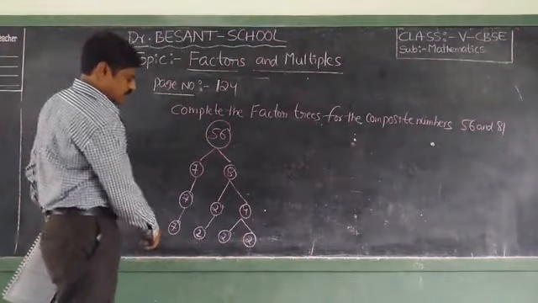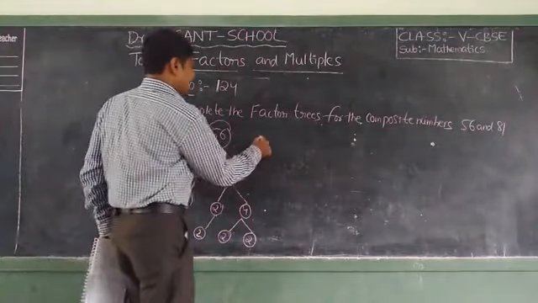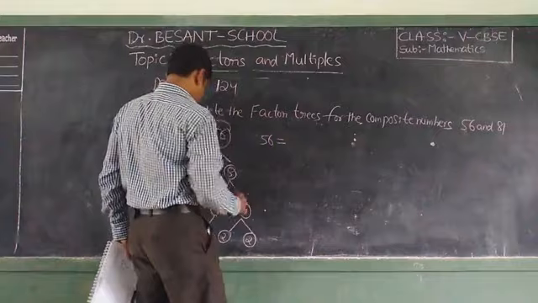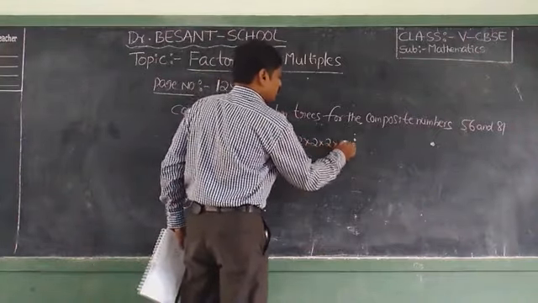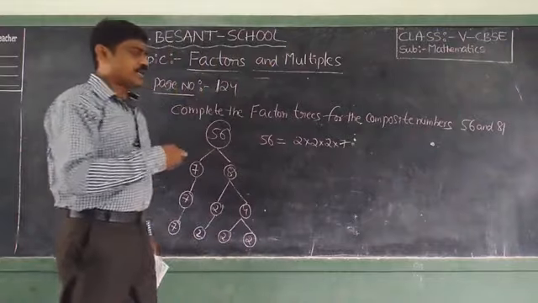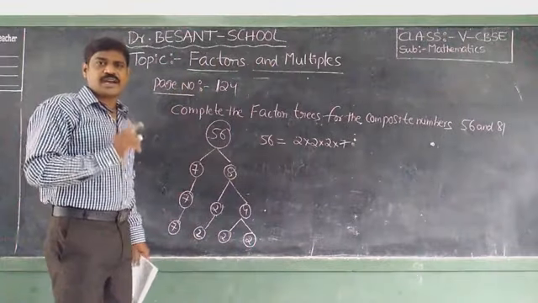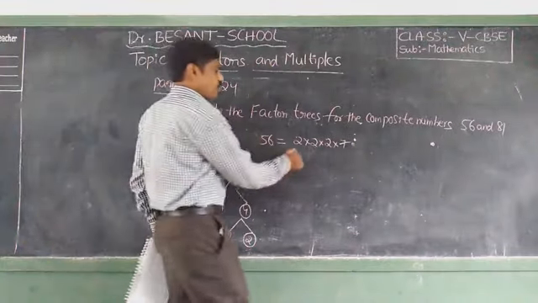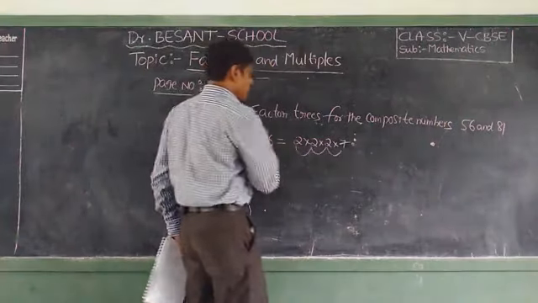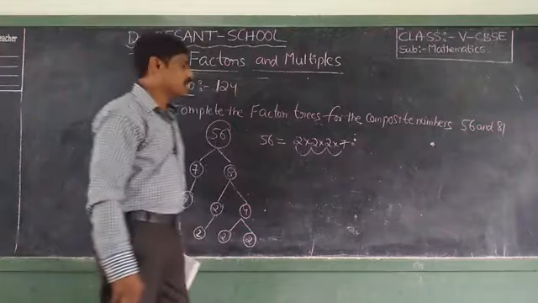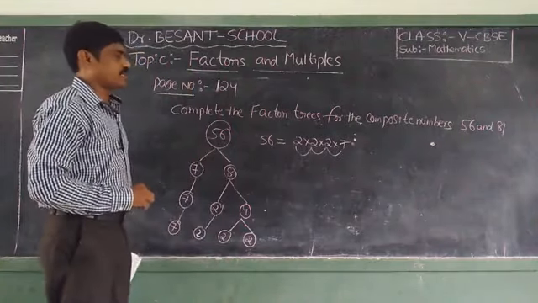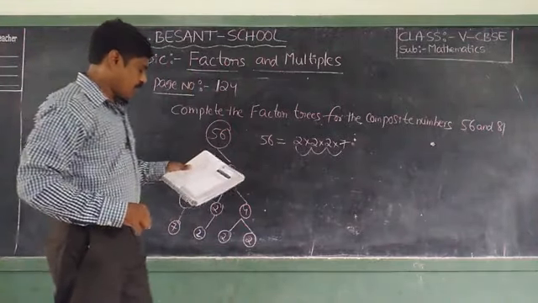That means 56 is equal to 2 into 2 into 2 into 7. In increasing order I wrote. 2 2s are 4, 4 2s are 8, 8 7s are 56. All are prime numbers only. This is factor trees.